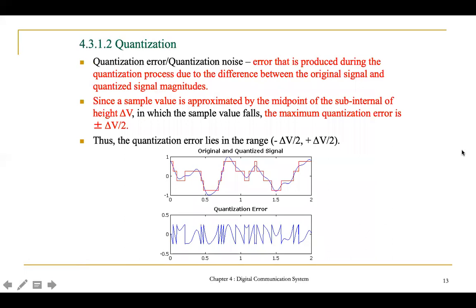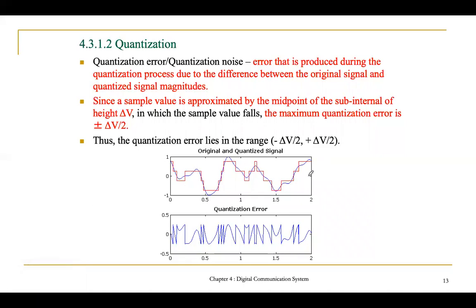Okay, so next is the quantization error. Okay, so it is the error that is produced during the quantization process due to the difference between original signal and quantized signal. Okay, so you can actually see the difference between original signal and quantized signal. Okay, so for example, is this figure.